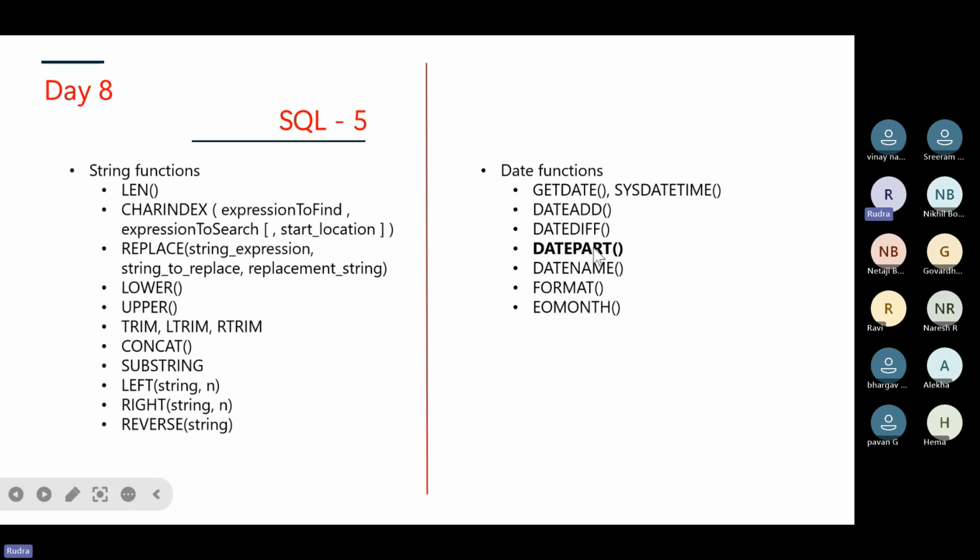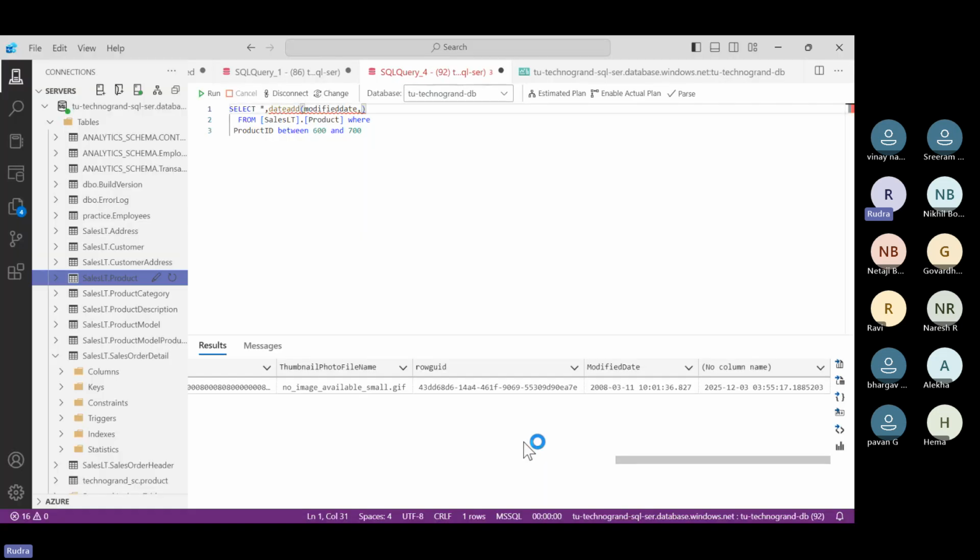If you compare this with Ab Initio, there is a function called datetime add, where you can add hours, minutes, seconds. But here we will be adding days, months, or years. Maybe to modified date I will add 5 months.